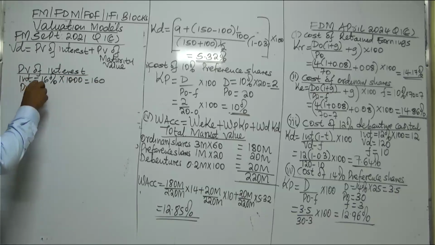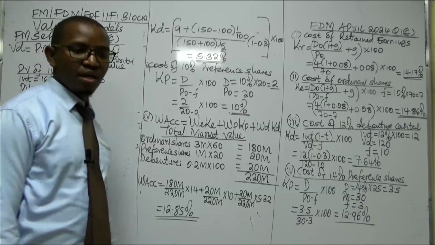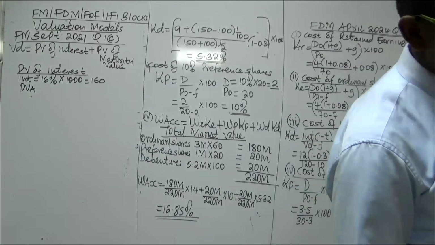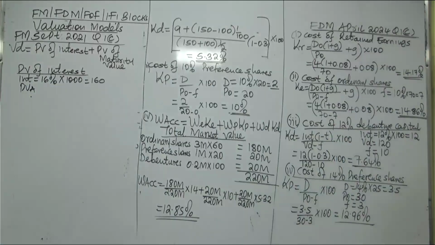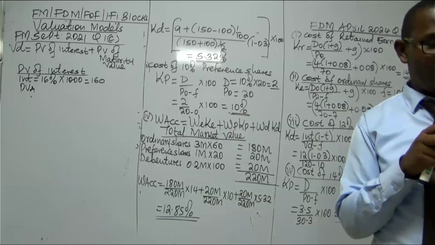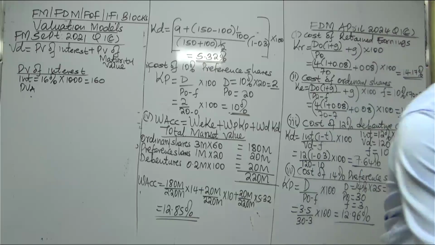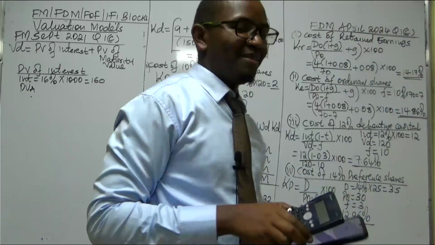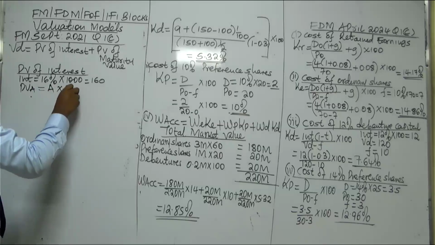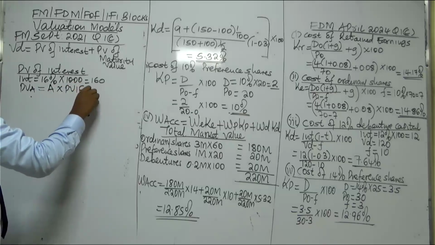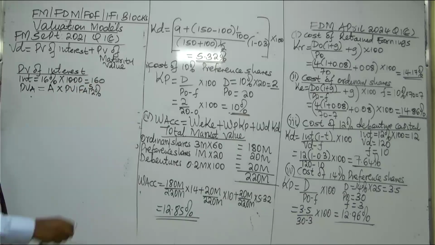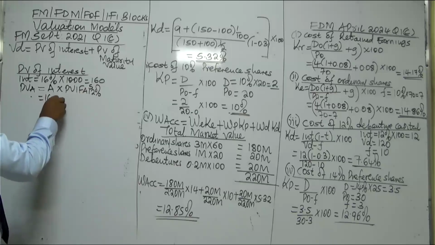To get the present value, this will take us to what we call the annuity. How do we get the present value of an annuity? It should be given by the present value interest factor of annuity, 12%. This was in 5 years. So this will just be 160.